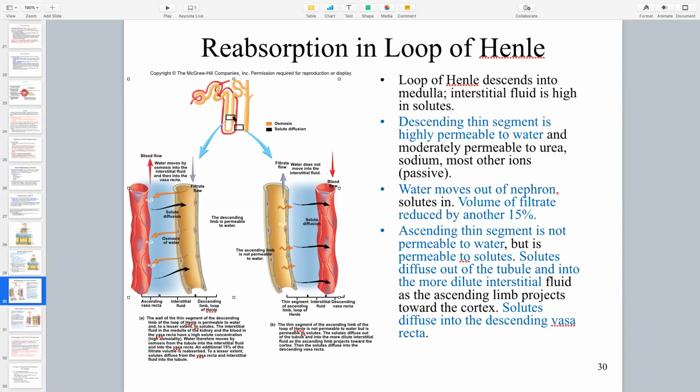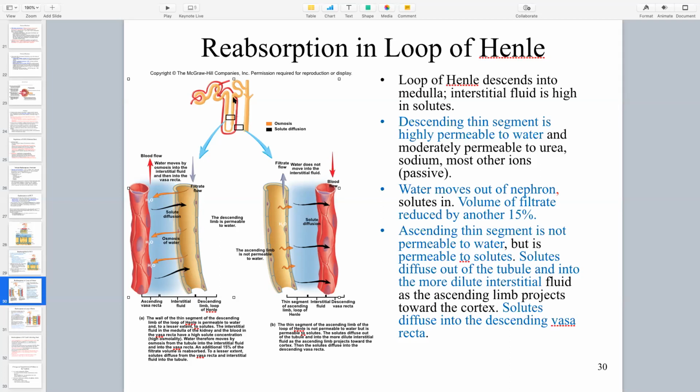So all the sodium, all the potassium, all the chlorine I'm reabsorbing on the thin and the thick ascending limb, a lot of it goes right into the blood vessel called the vasa recta. It goes into the descending limb of the vasa recta, and it makes sense that the blood on the descending limb becomes more and more concentrated.